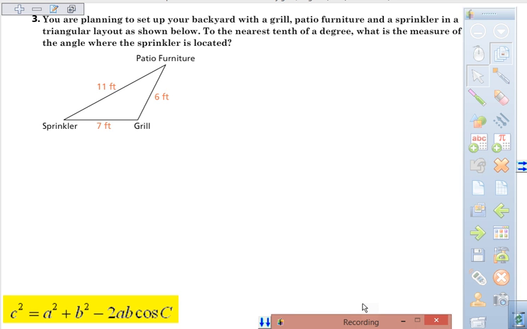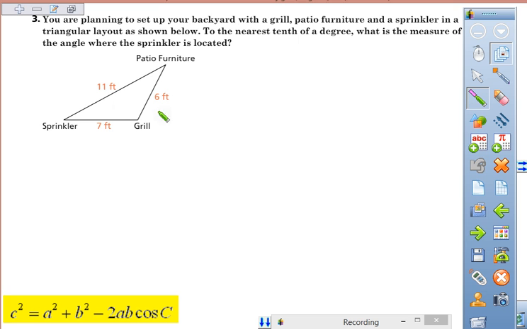You are planning to set up your backyard with a grill, patio furniture, and a sprinkler in a triangular layout as shown. To the nearest tenth of a degree, what is the measure of the angle where the sprinkler is located? So this is the angle we're trying to figure out. So this is the side that matches it. So that's going to go in here and here. So let's write our equation.